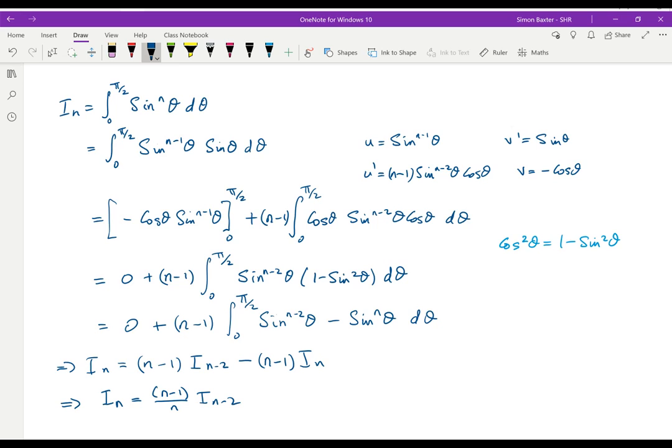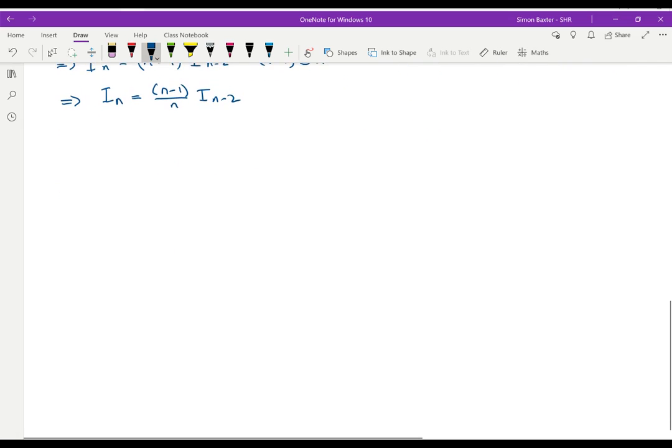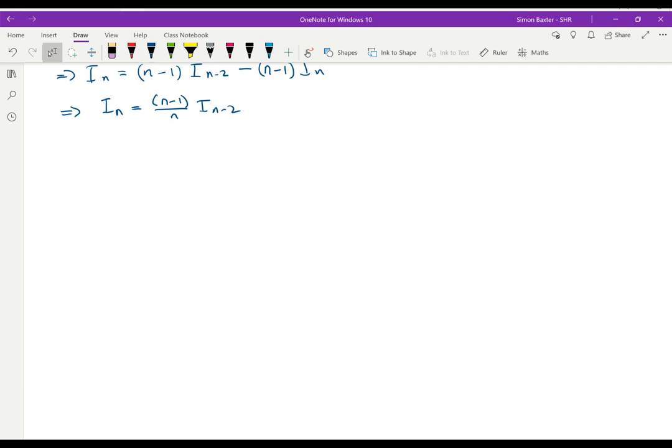Just a little bit of care is needed when you're using this. So let's look at two examples. Let's take n equals 6, and the important thing that I'm looking at here is that n is even. I6 is going to be 5 over 6 I4. I4 is 3 over 4 I2.